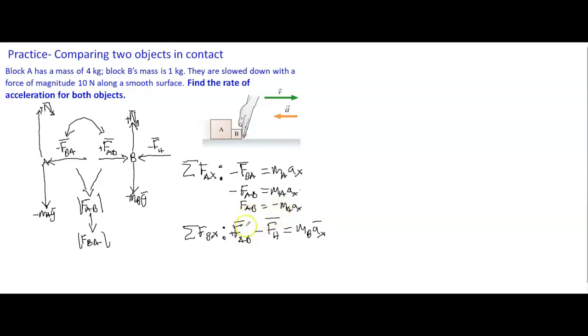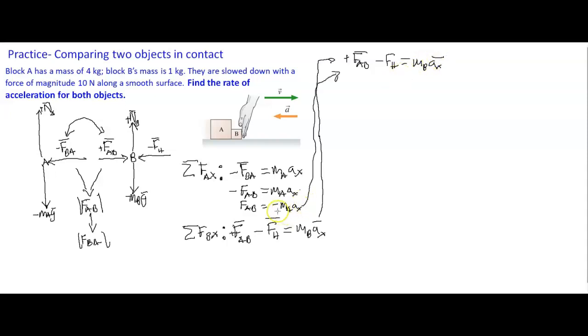Now we're going to be able to substitute that in right here. So I'm going to bring the sum of forces in the x direction on block B all the way up to the top right, and I'm just going to copy this exactly as it's written: this plus the force of the hand, equal to mass B times the acceleration in the x direction.